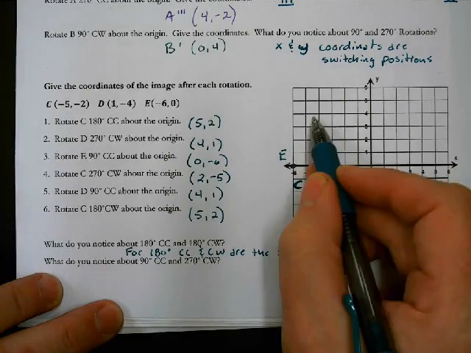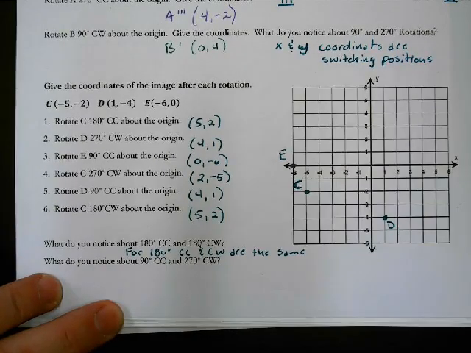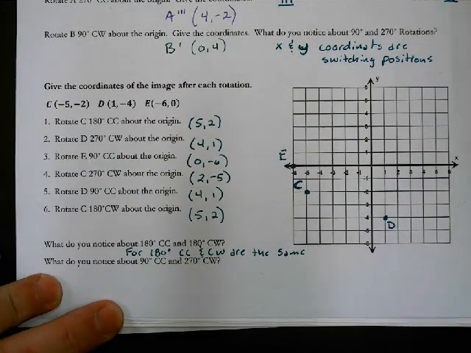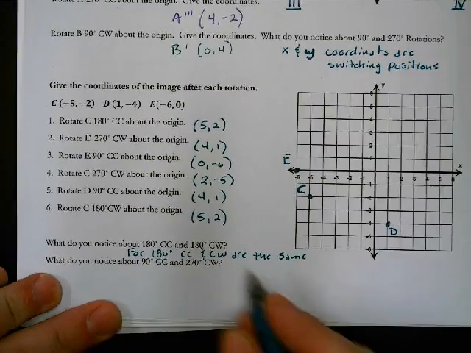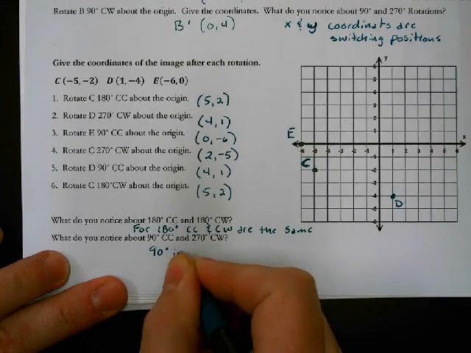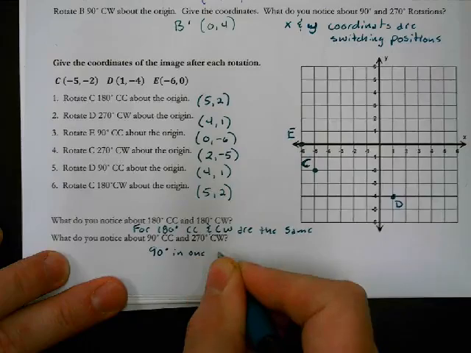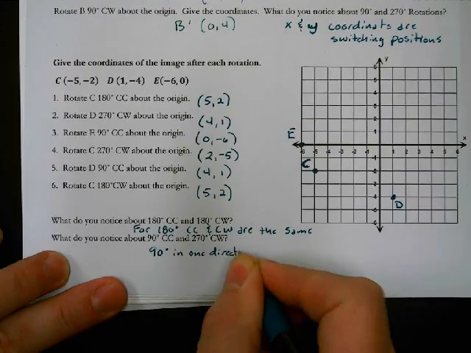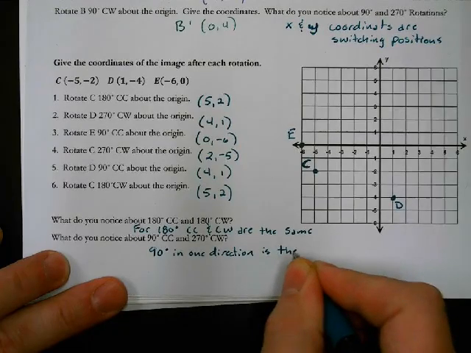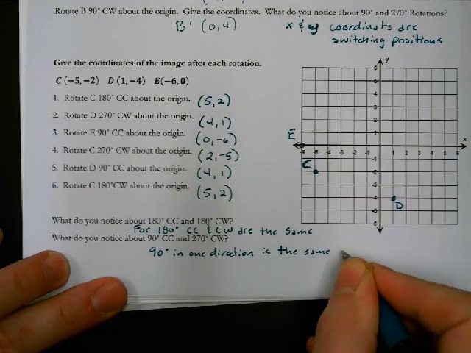So 90 in one direction is the same thing as 270 in the other direction.